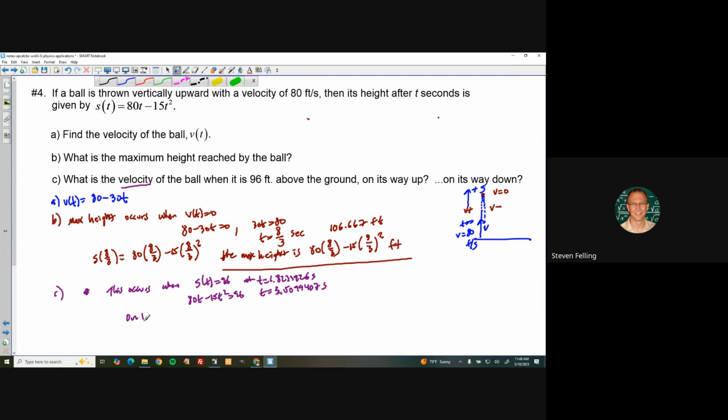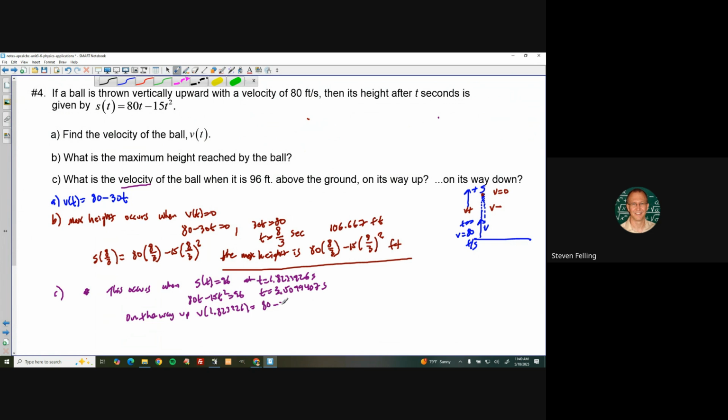So on the way up, the velocity at 1.823926 is equal to, and then we can plug that time into the velocity function that we found here. So again, I could just plug it in. I don't have to write it. I can actually compute it.